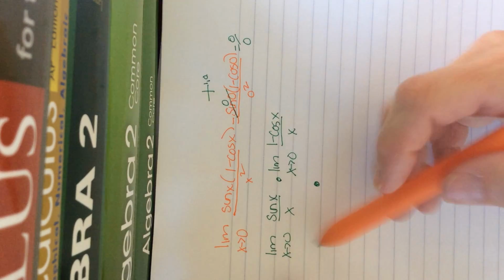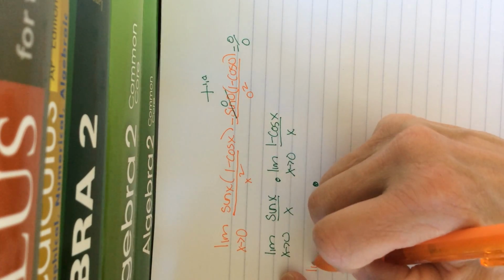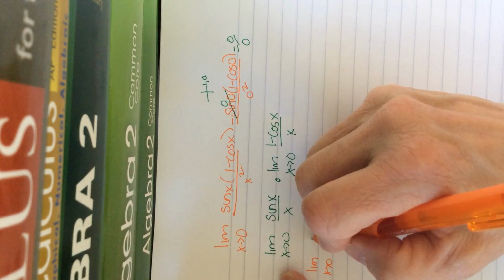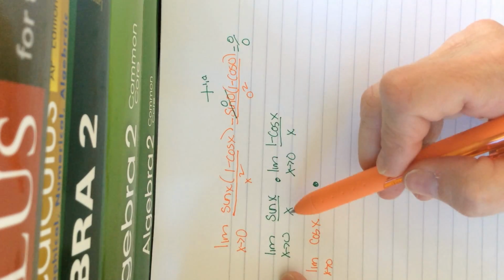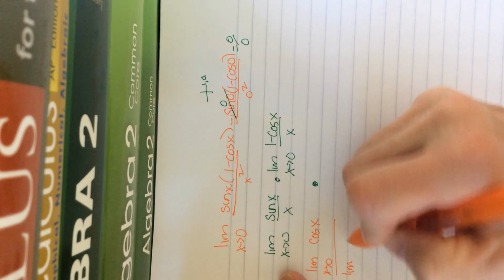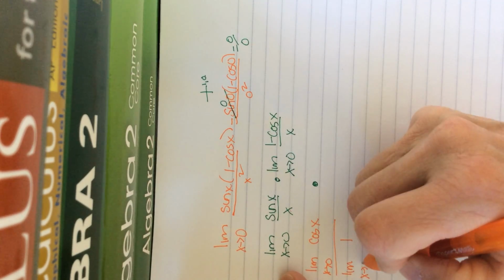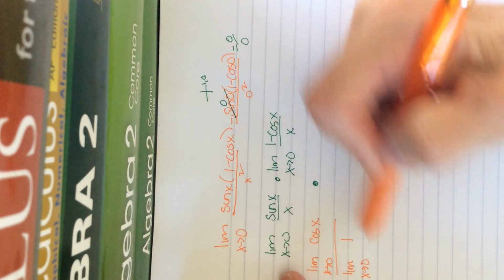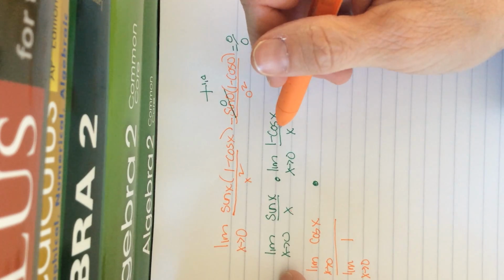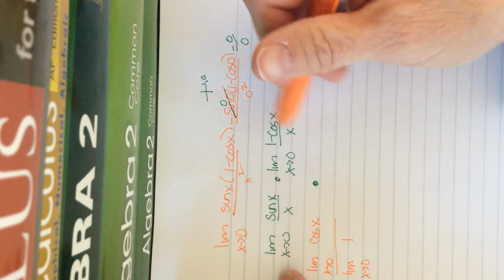Okay, so if I look at the limit as x approaches 0, the derivative of sine is cosine, and the derivative of x is 1. I'll come back to that in just a minute. Now let's talk about the derivative of this piece.